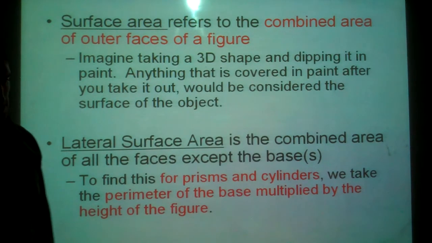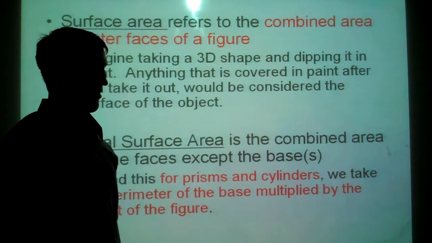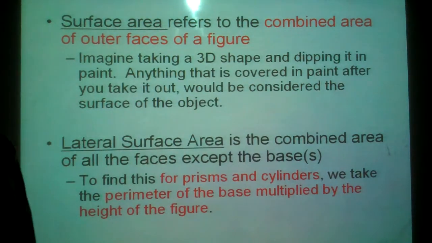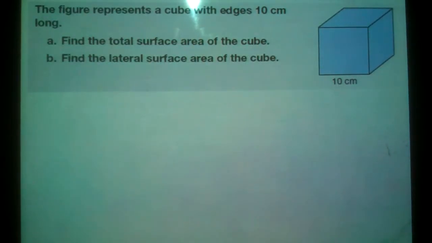So basically, lateral surface area is the area of the surface, but it leaves out your base or bases. Okay? And we actually have a formula for this, for prisms and cylinders, for those things that have two bases. We take the perimeter of the base multiplied by the height of the figure. Okay? And we'll show you what that is with this example here.